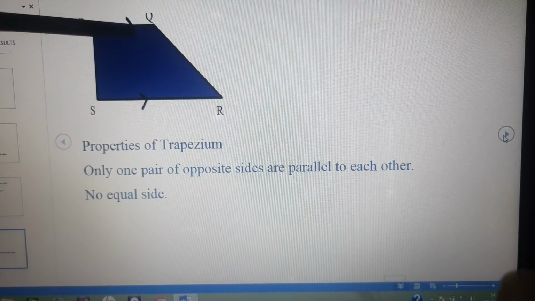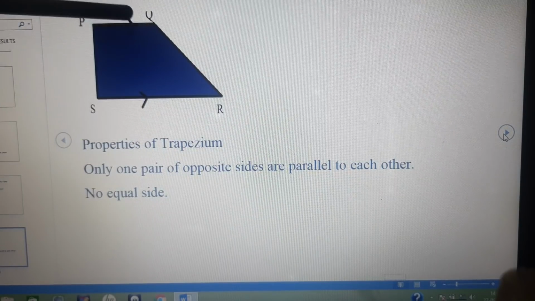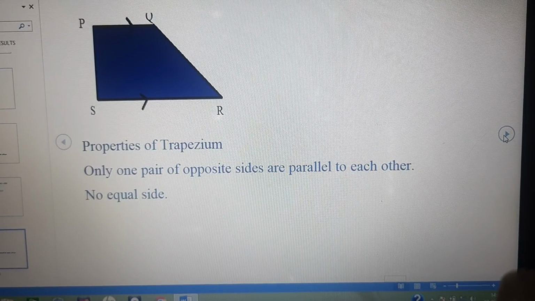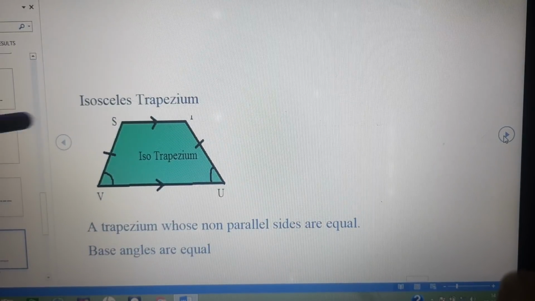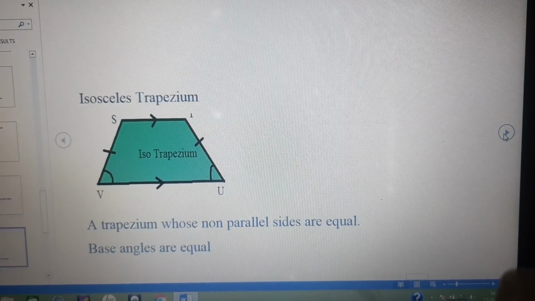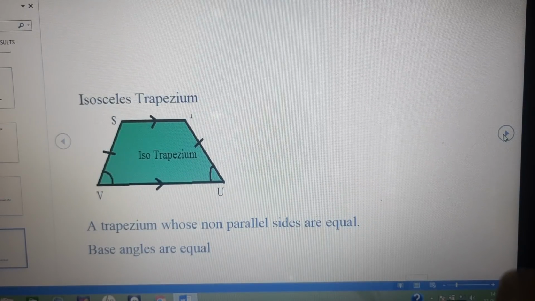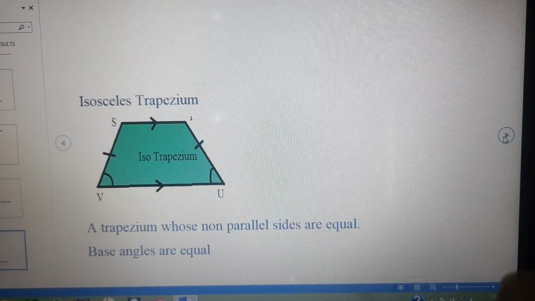Okay. So, one pair of parallel line, opposite lines are parallel, and the other two are non-parallel sides and they are unequal also. Sometimes they become equal also. Non-parallel sides. If non-parallel sides are equal, then it is called as an isosceles trapezium.